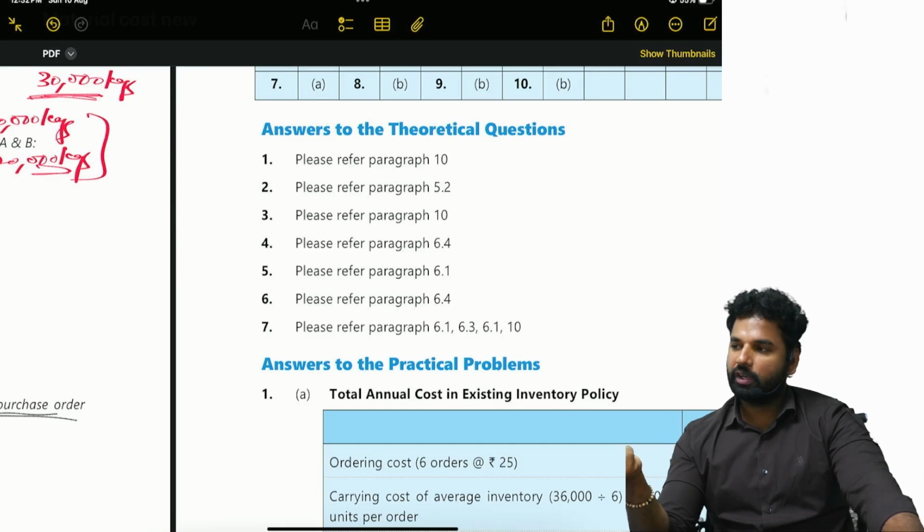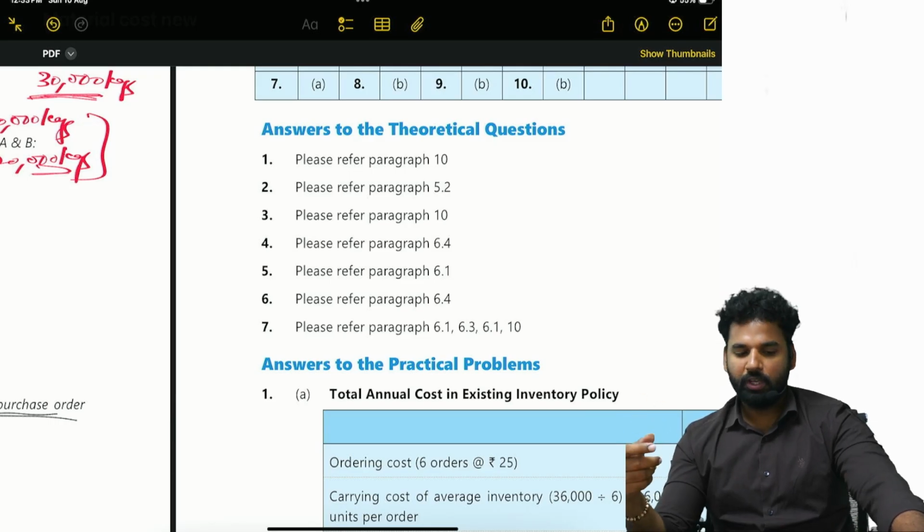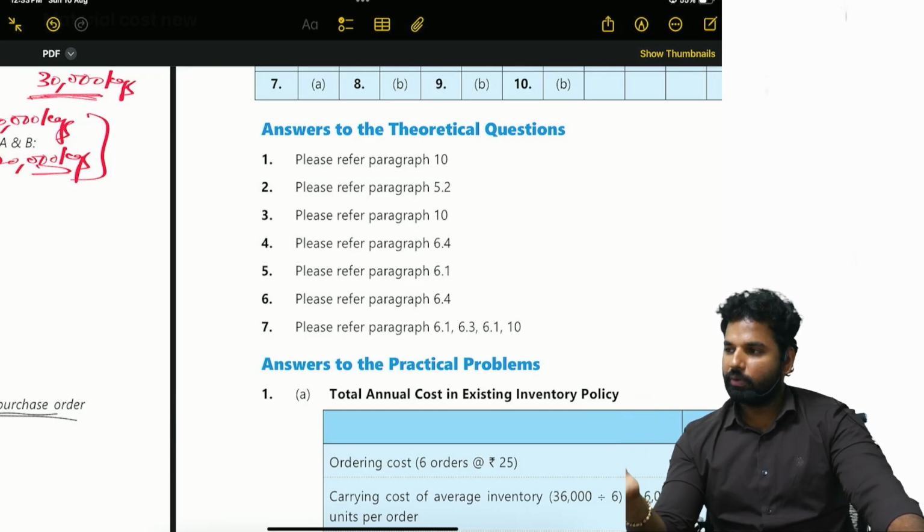Later on we have done inventory valuation, that is nothing but valuation of material issues. There you have seen the FIFO method, LIFO method, simple average, and weighted average. And the market price method is also there, where we are talking about standard price, market price, and replacement cost.